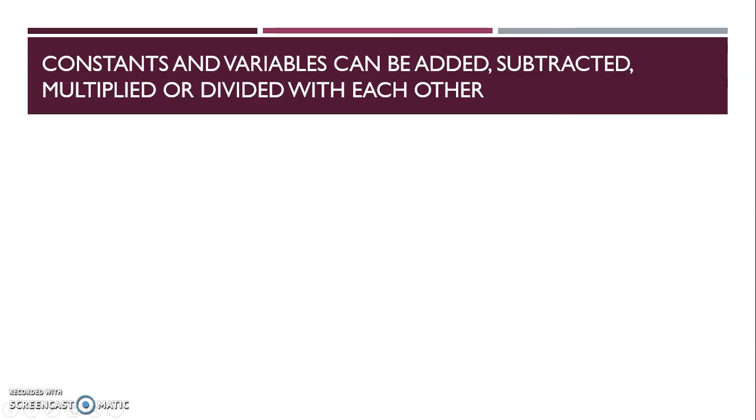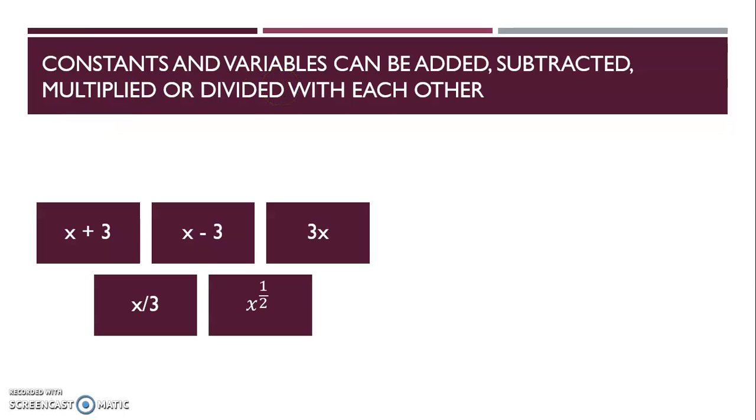Constants and variables can be added, subtracted, multiplied, or divided with each other. Here I am adding a constant and a variable. The variable is x, the constant is 3. I'm subtracting, multiplying. Multiplying 3 into x will be 3x. This is not the multiplication sign, this is the variable x.